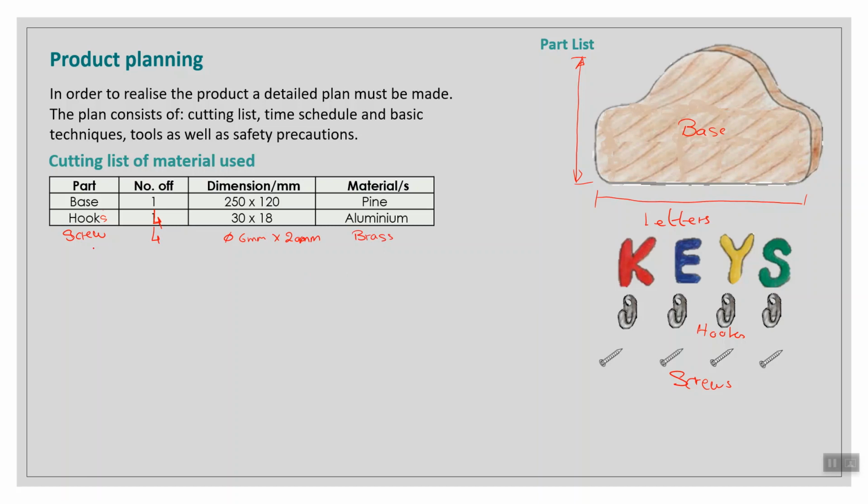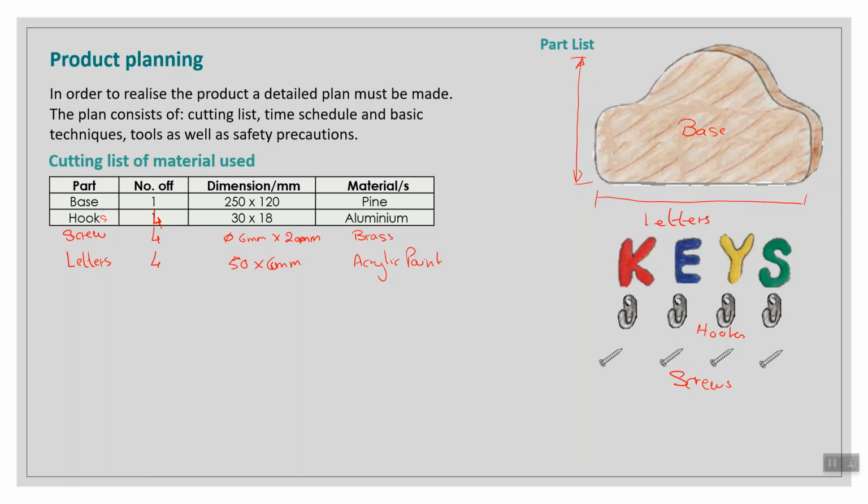Okay, the letters: there are four letters, with dimension about 50 millimeter by 60 millimeter, and they are made of acrylic paint. So I can mention this in my cutting list.